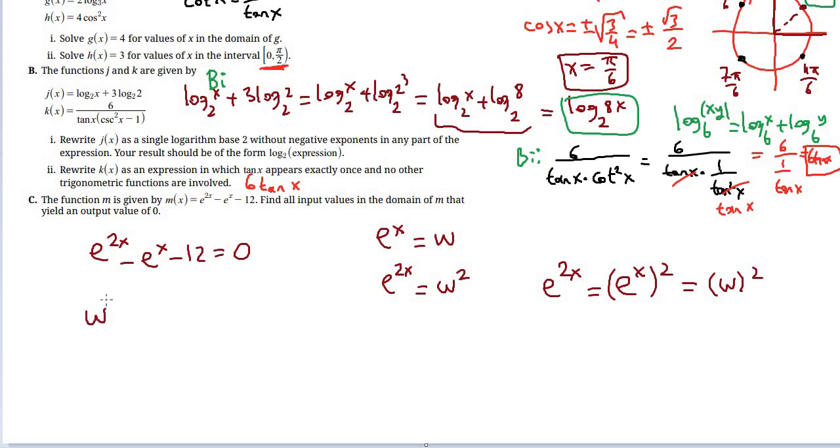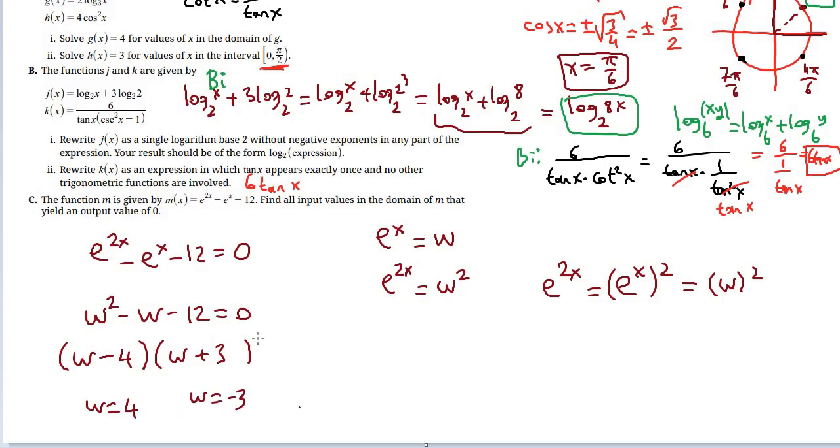It's going to be w squared minus w minus 12 equal to 0. Now it's a quadratic function. So we need two numbers that multiply to negative 12 and add up to negative 1. It's going to be negative 4 and positive 3. And from here w is equal to 4 and w is equal to negative 3.